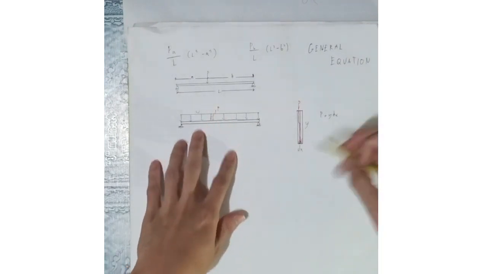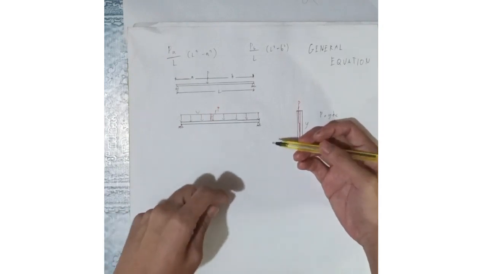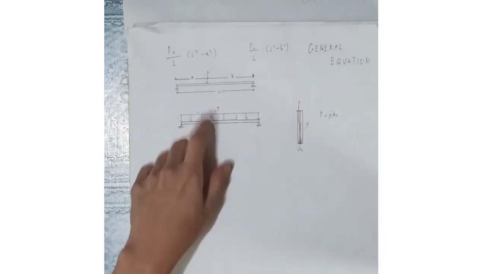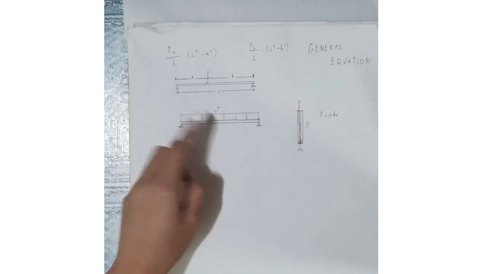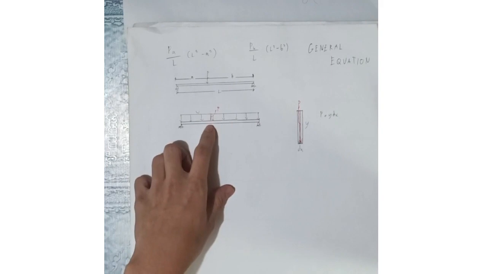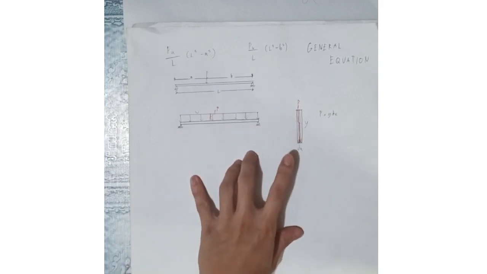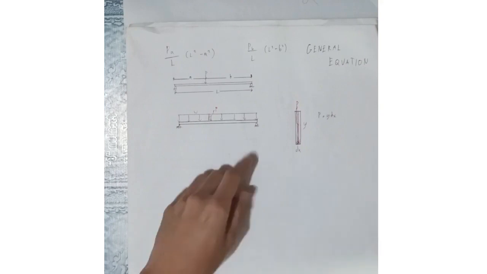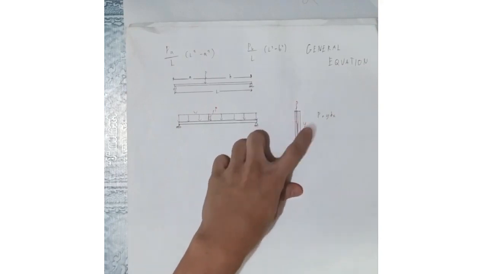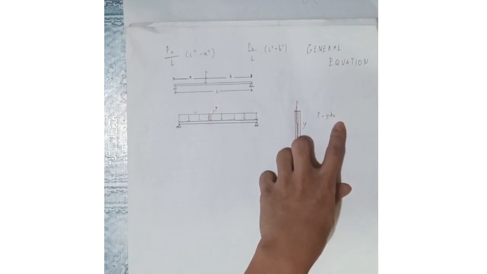Then we take a P and its height, and use an infinitesimal element. To get P, we just take the area, which is y times dx. So P is equal to y dx.